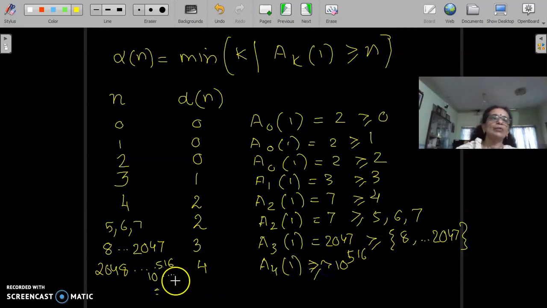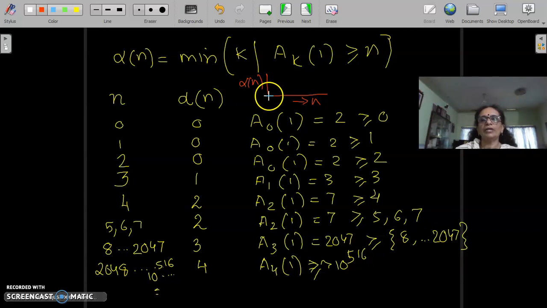Now if we have a look at the growth of alpha(n) with n, with n here and alpha(n) here, what do we find? We find that it almost stabilizes at 4. It does not grow beyond that however long we go.